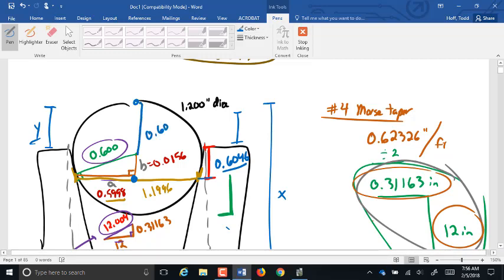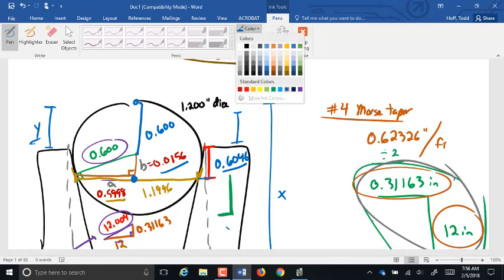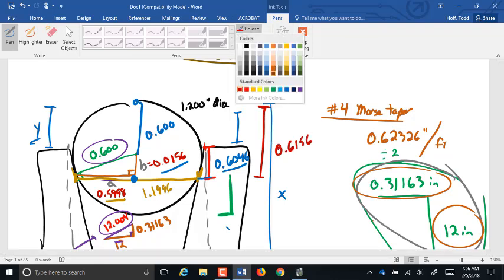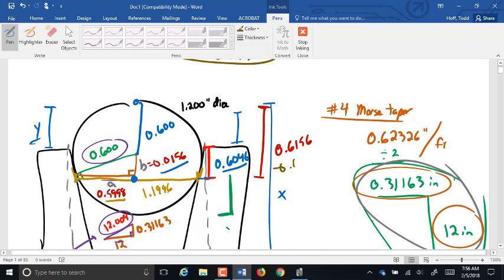This is 0.6 plus the 0.0156 makes that total 0.6156. We'll subtract from that 0.6046, which gives us 0.011.